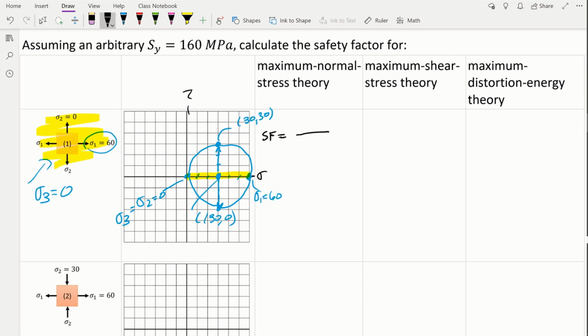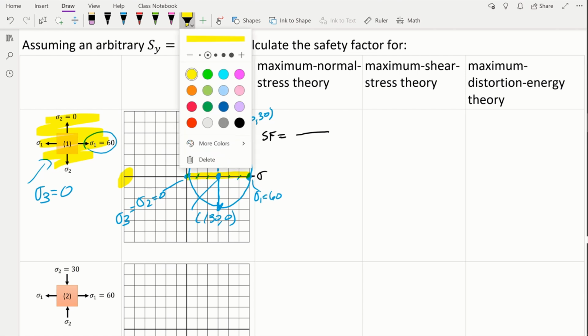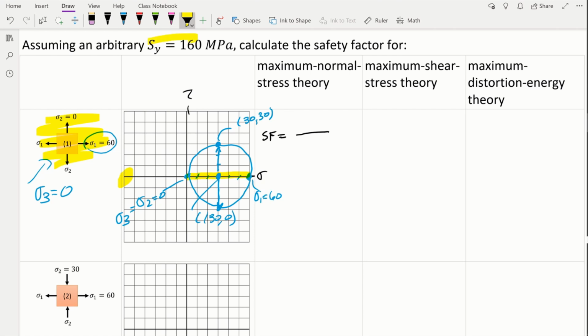It also says that if the smallest or the most negative, let's say we had a point way over here, if this stress over here is of the same magnitude or greater than the ultimate compressive stress, then we would get failure.